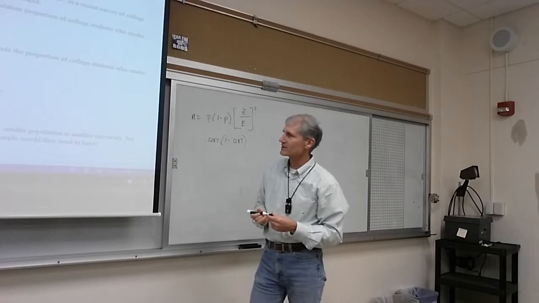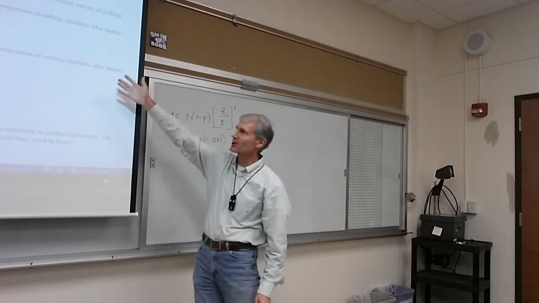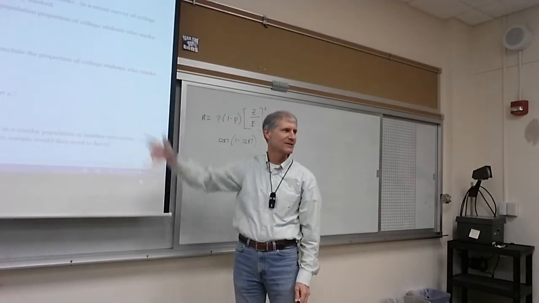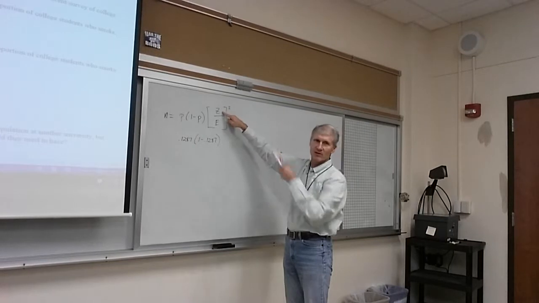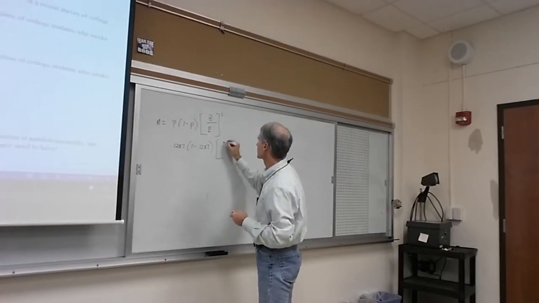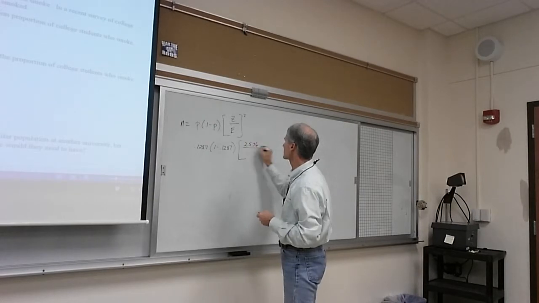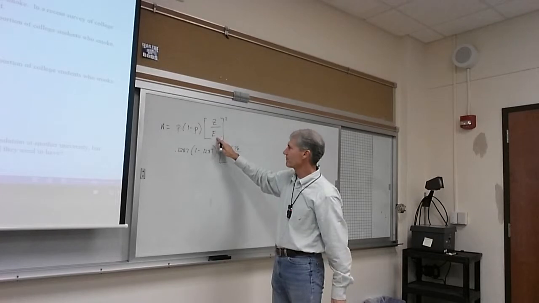Oh, it doesn't say, does it? Yeah, that was a mistake. So we'll assume they're going to use the same confidence level we used. They need to give us that. So the Z is that Z critical value that we computed over there. So that's 2.576.